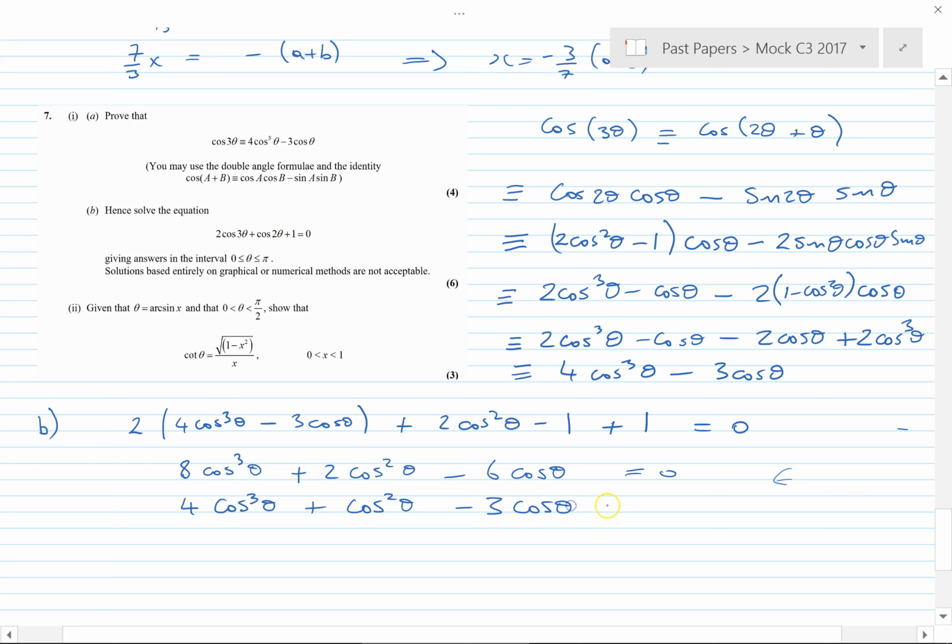No problem with that, but there is a problem with dividing by cos theta, because we have neglected the cos theta term, which itself can be equal to 0.